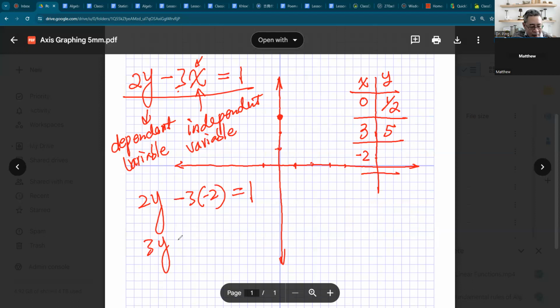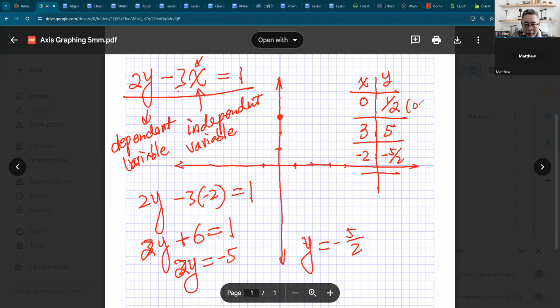Then that's 2y plus 6 equals 1. So that's just a linear equation. So 2y is equal to -5. Then y is -5/2. So this is 0.5 and this is -2.5. Good.